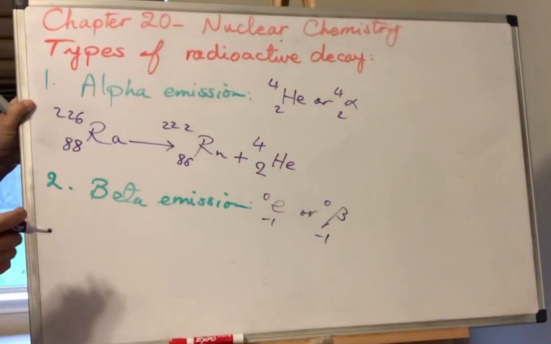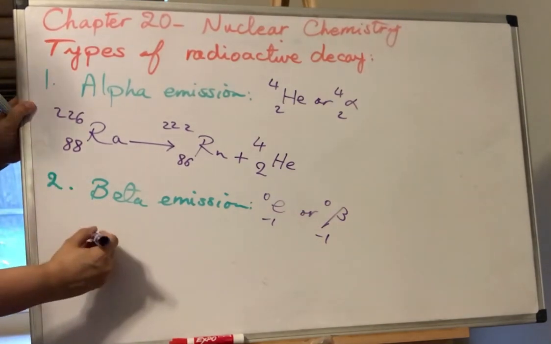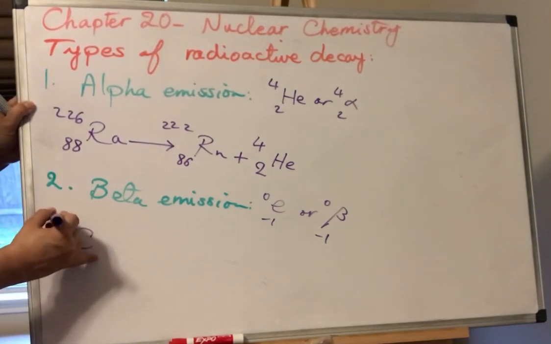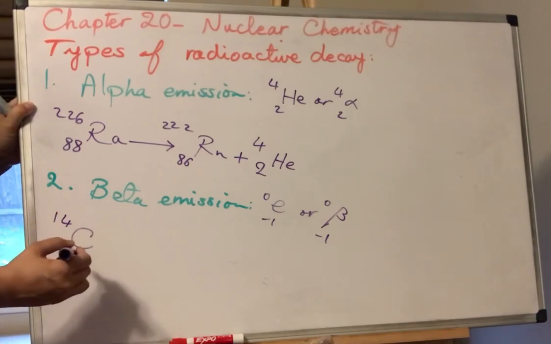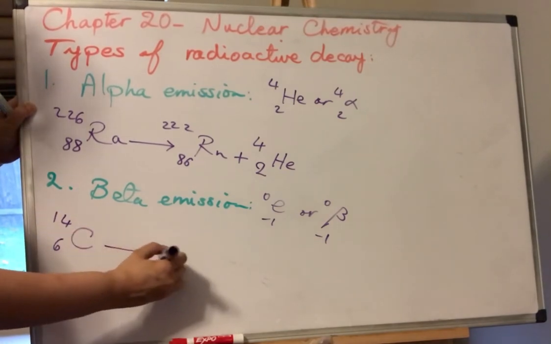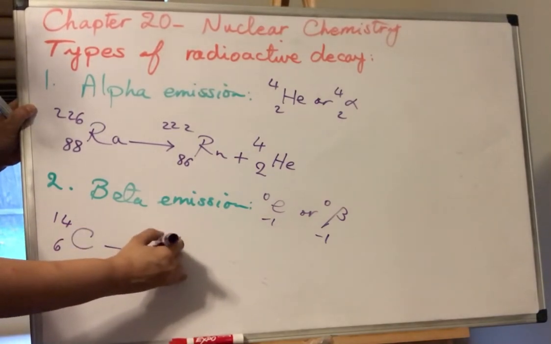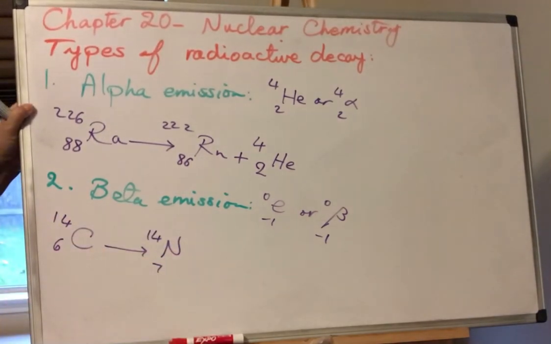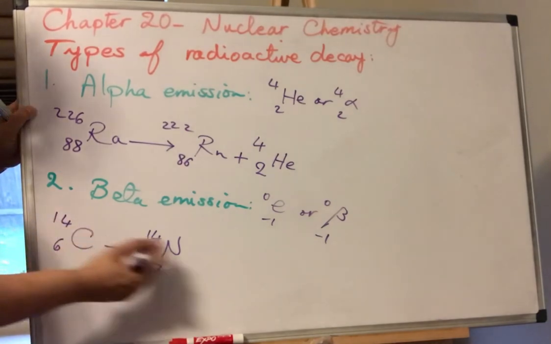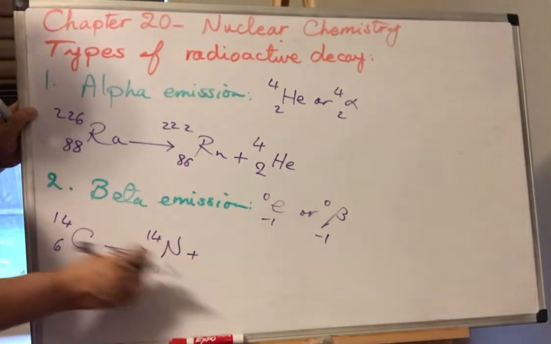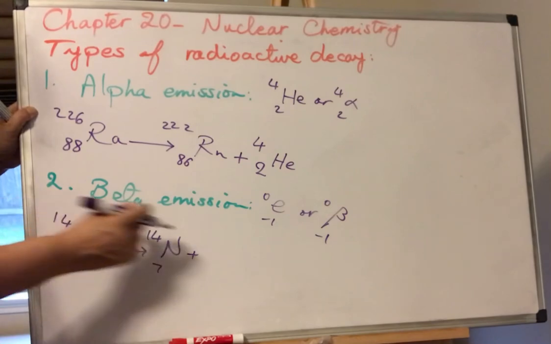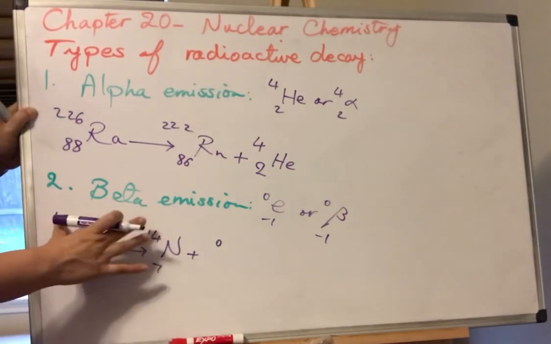So you have an emission of a beta particle. When you have carbon 14, it changes to nitrogen 14. So what should be the mass of the particle? 0, because it's already 14 and 14.